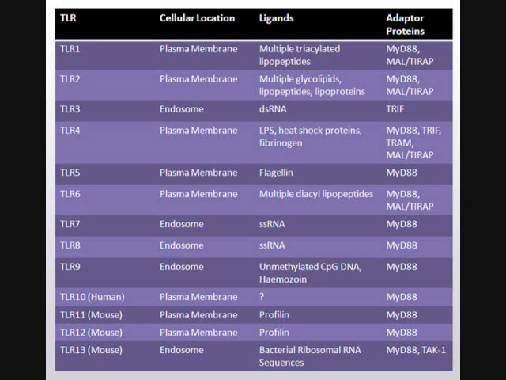TLRs are implicated in a number of inflammatory and immune disorders and even play a role in cancer. Many single nucleotide polymorphisms have been identified in various TLR genes and are associated with particular diseases. Several therapeutic agents targeting those receptors are currently under preclinical and clinical evaluation.